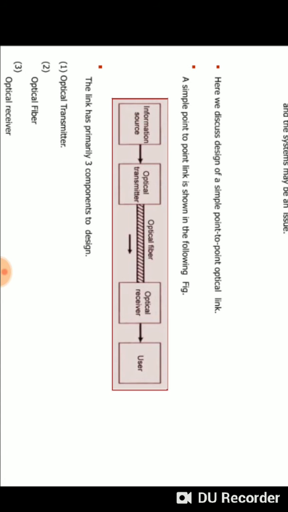So the link mainly consists of optical transmitter, optical fiber, and optical receiver. Then the link design can be divided into three parts: design of optical transmitter, selection of optical fiber, and third one is the design of optical receiver.